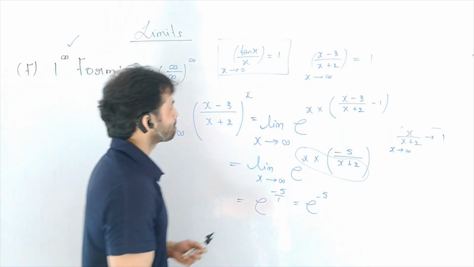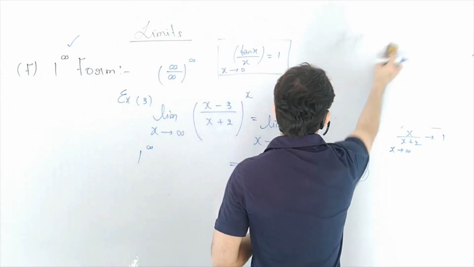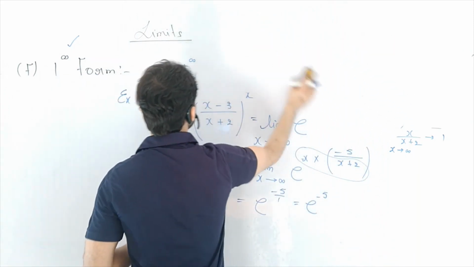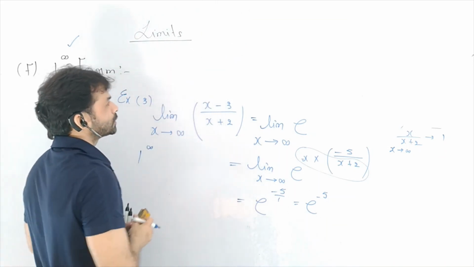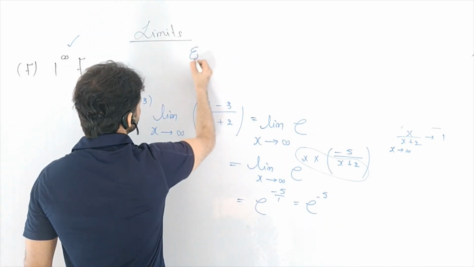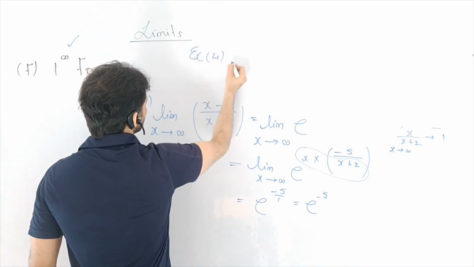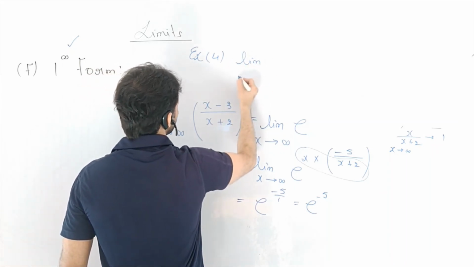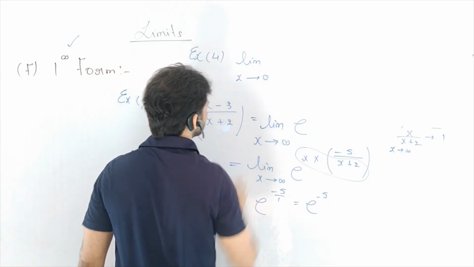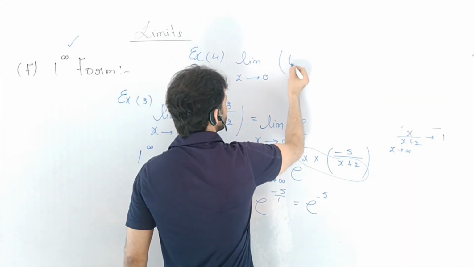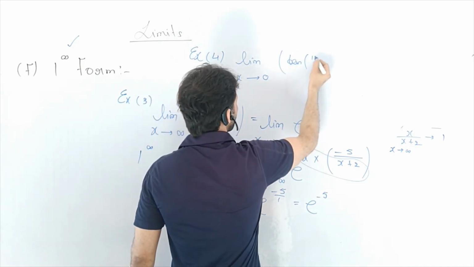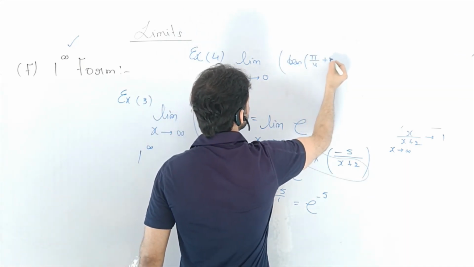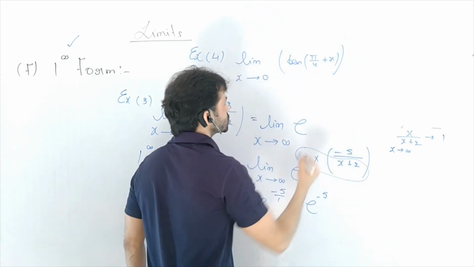In the same way, you can solve one more problem easily. That was a problem of 93, I think: limit x tends to 0, (tan(π/4 + x)) to the power 1 by x.